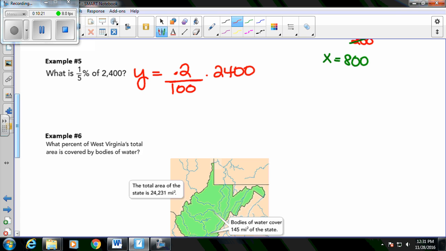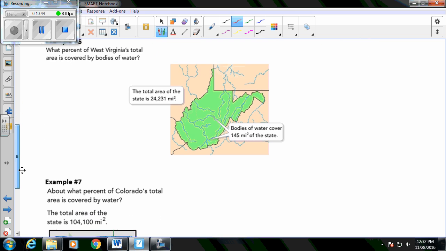So 0.2 over 100. The 100s cancel, and I get 0.2 times 24, which gives me 2 times 24 is 48, and I need one decimal place, so 4.8. On these next two, you are going to need your calculator.